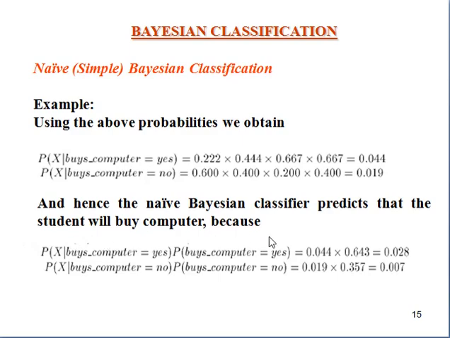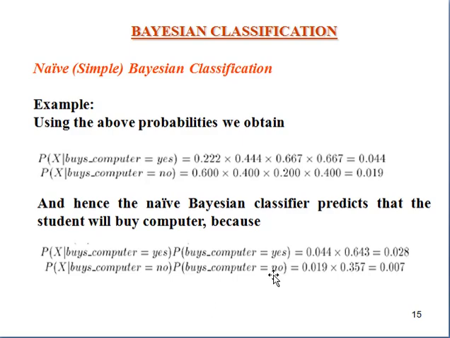Because if you multiply the two probabilities, the total probability obtained from the conditional probabilities with the prior probability, you will see that it comes out to be 0.028, and this is the probability for the class buys_computer yes. And the other probability will be 0.007, which is for the class buys_computer no.